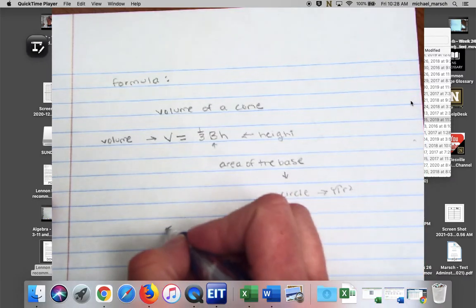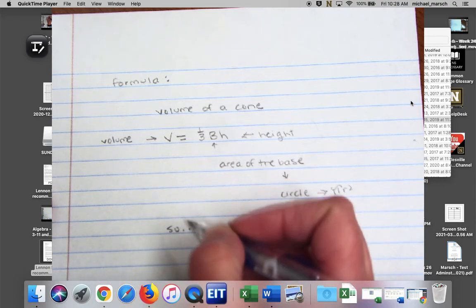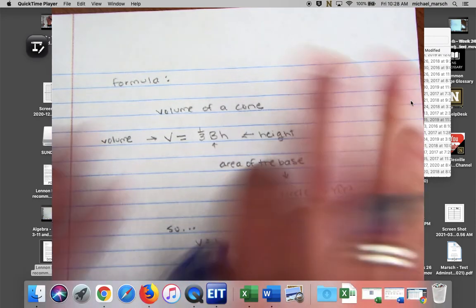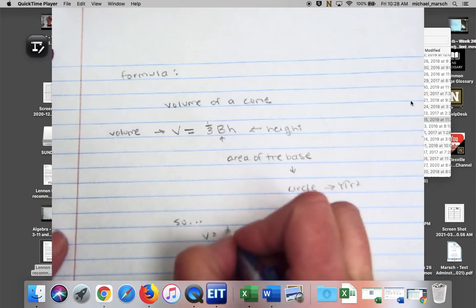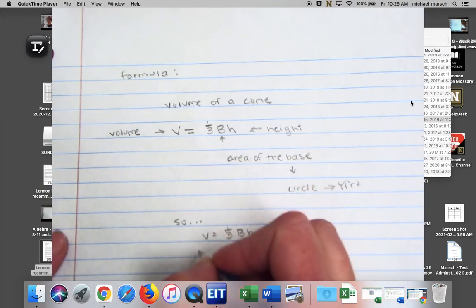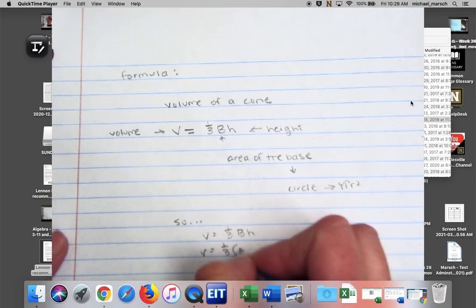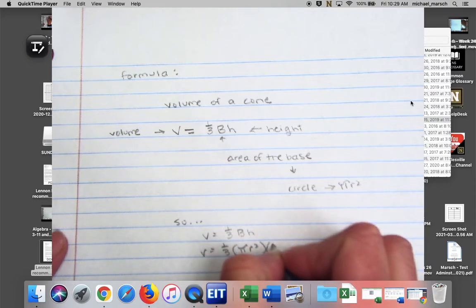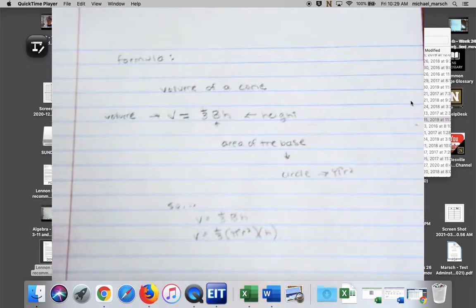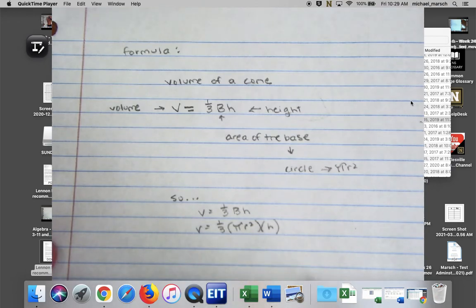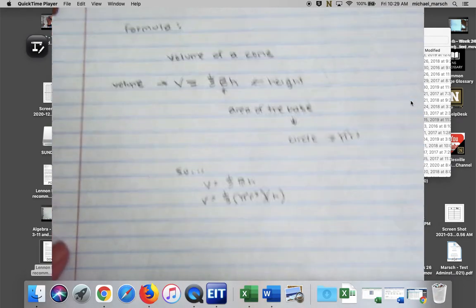Okay, so volume equals 1/3 area base times height. Volume equals 1/3 of pi r squared times the height. So how does that work? How do we do 1/3 of something? It's very simple.